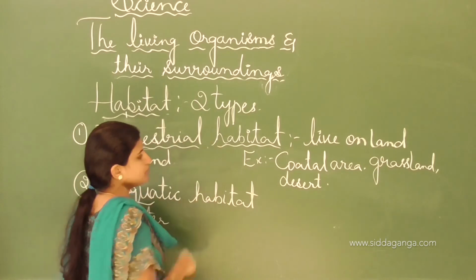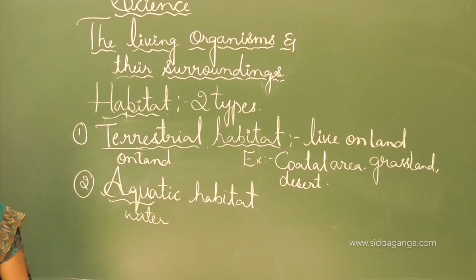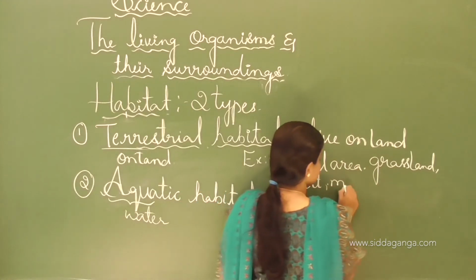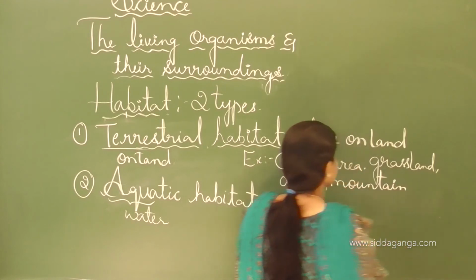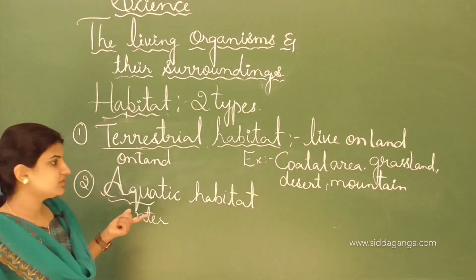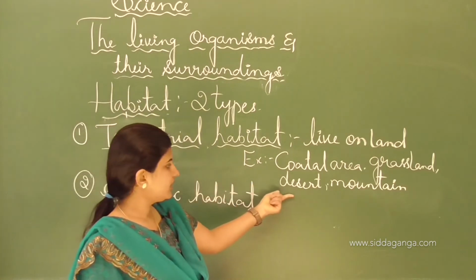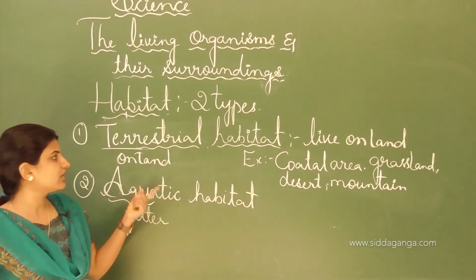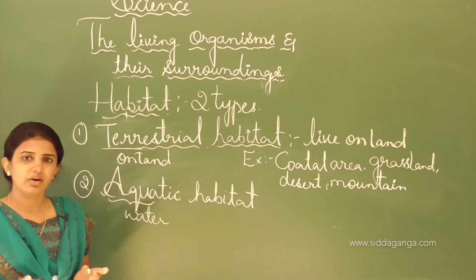Examples for the terrestrial habitats are coastal areas or the coastal region, grassland, forest and mountain region also. These are some of the plants as well as the animals which live in such areas or such a habitat, and those organisms are called terrestrial organisms.